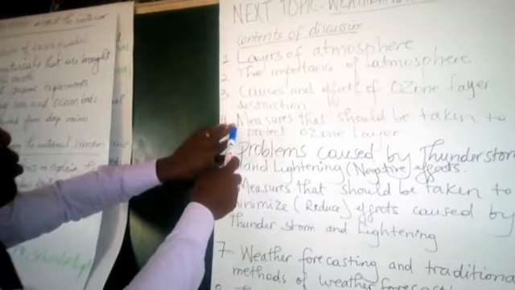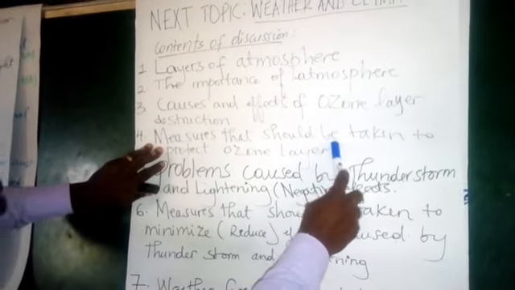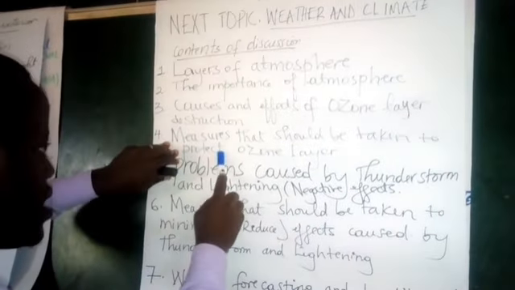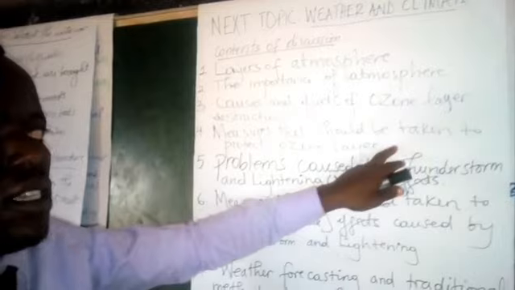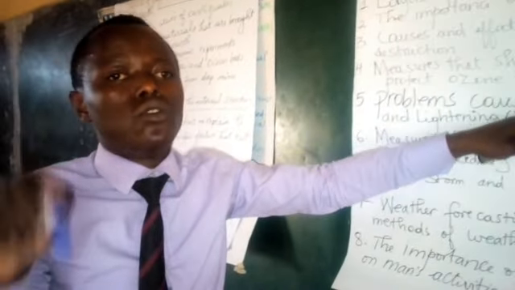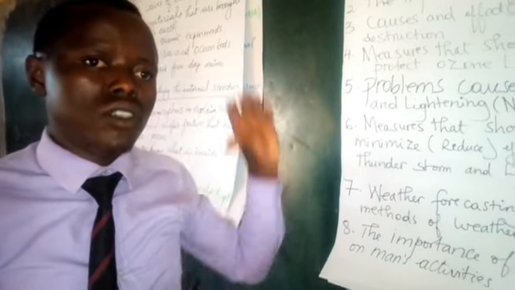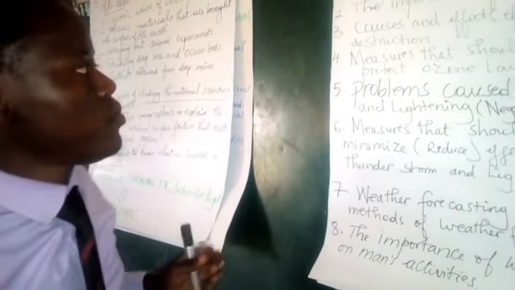Next, number 4, we shall talk about the measures that should be taken to protect the ozone layer. We shall see what a human being can do so that we can protect the ozone layer from damage or destruction.